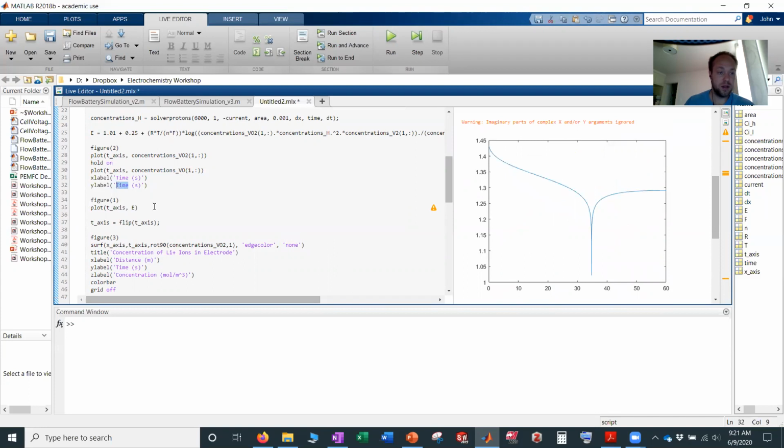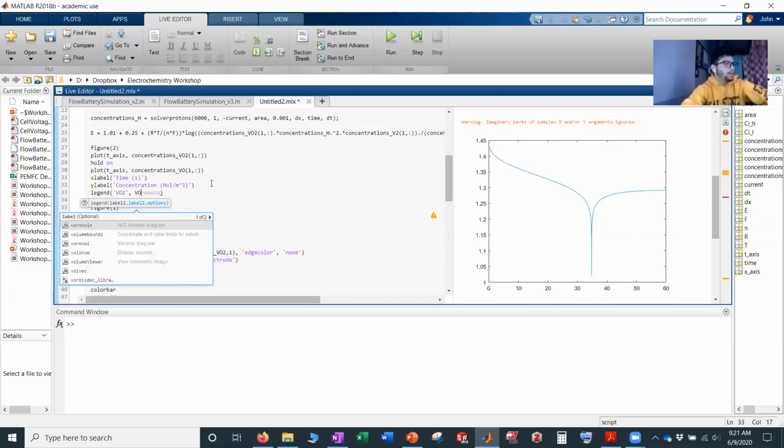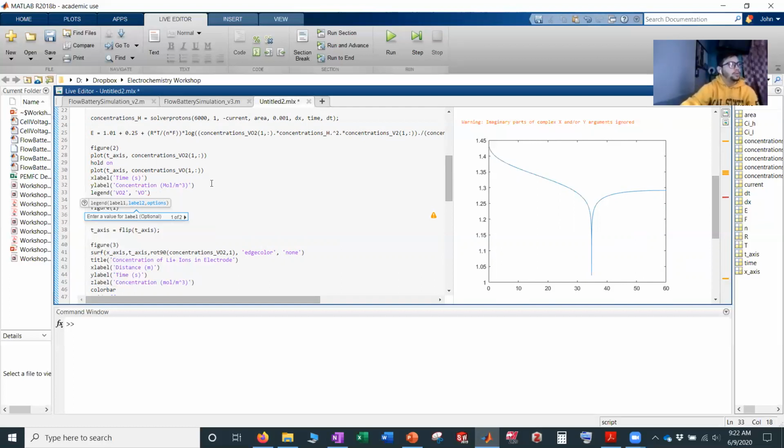This is going to be concentration in moles per meter cubed, right? And then you'll need a legend. What was the call out here? It's just you put them in a row like this. Do you remember, Jose? Is it just like VO2, comma? Yeah, comma, but in quotes.